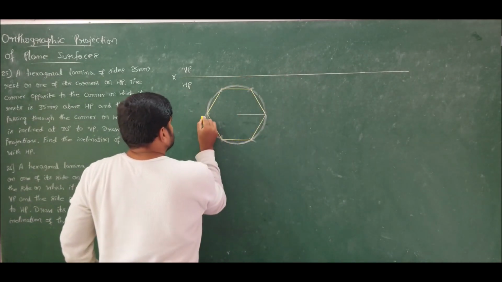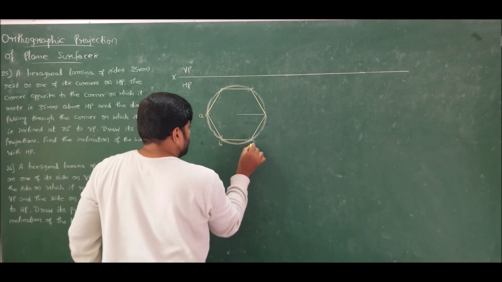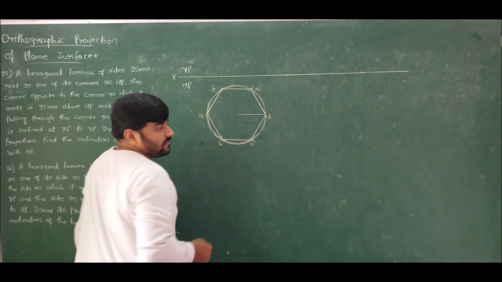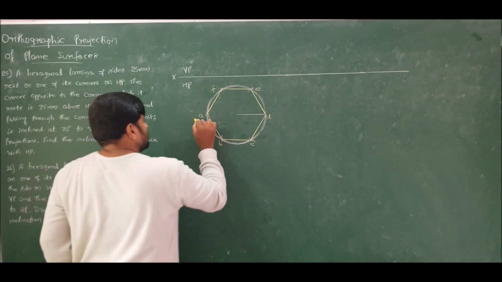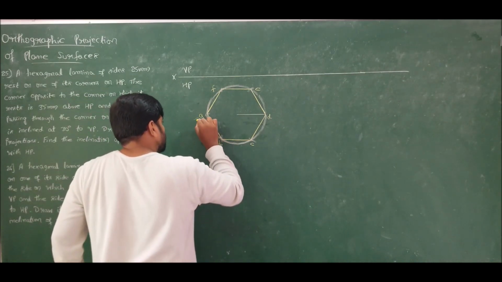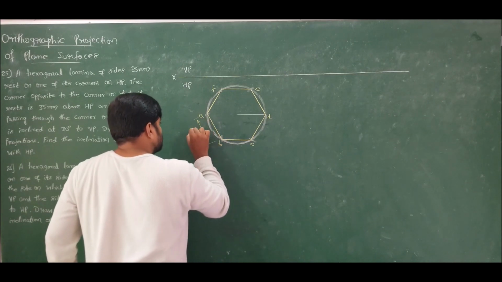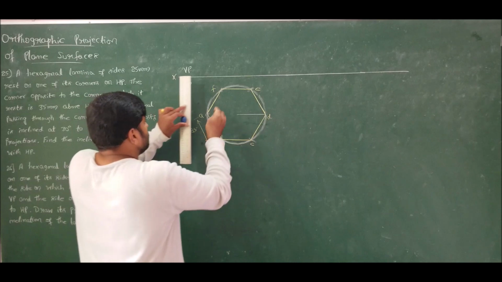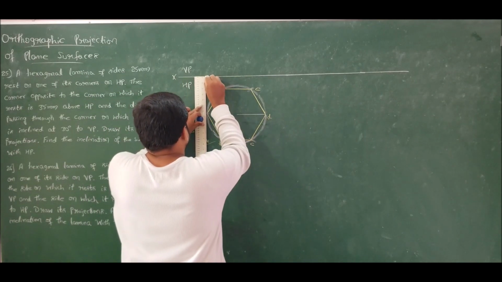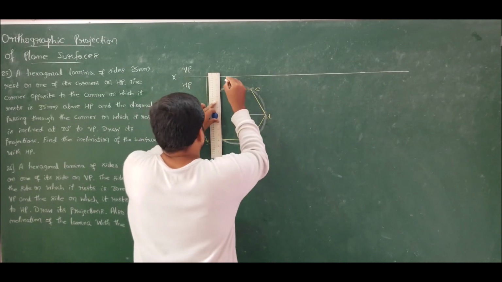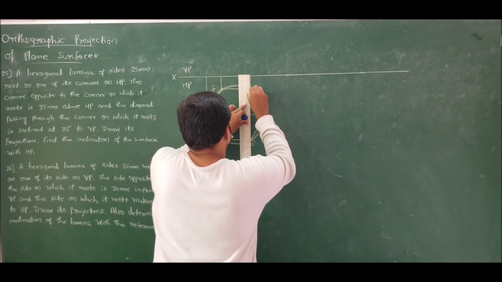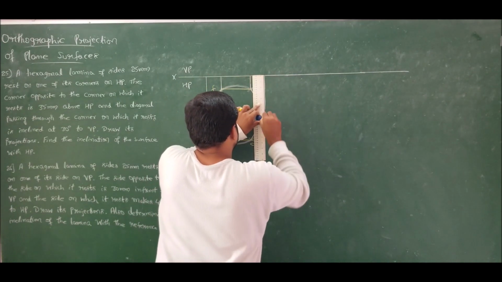Now call these corners A, B, C, D, E and F. The side length of this hexagon is given in the question, which is 25 mm. Now take the vertical projection and complete the sketch, that is, complete the front view in its first position.